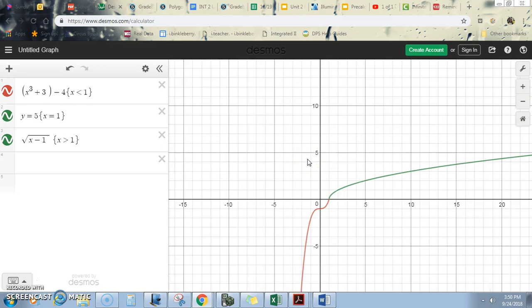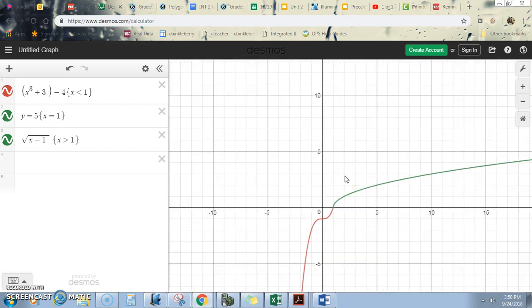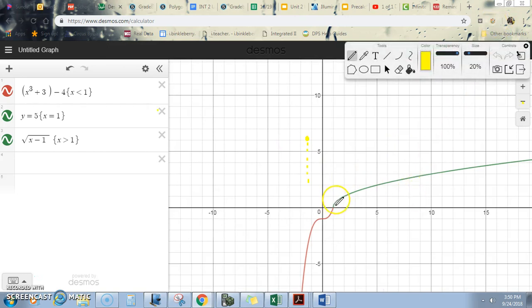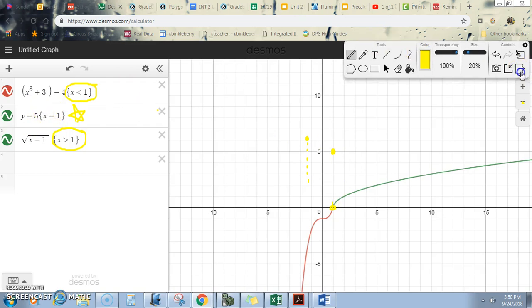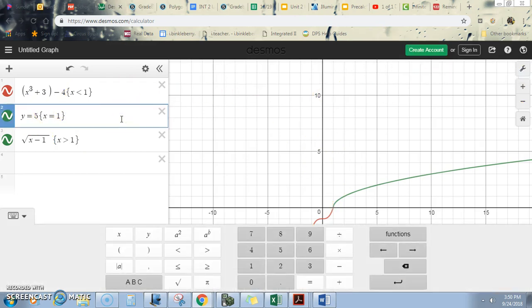But what that means is if we want that dot, because these other 2 functions, they're still not existing right here. It looks like they're meeting up right there, but neither one of them does, because remember, this red line is only for x is less than 1, and the green line is only for x is greater than 1. And where x is 1, it's still right here at 5, right? So we need to move that constant function down to 0. So we also would need to subtract 5 from the outside.